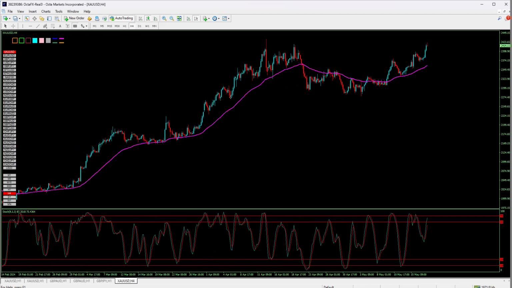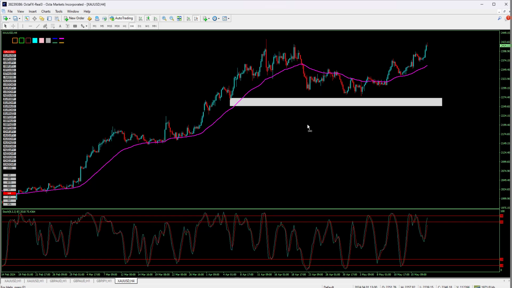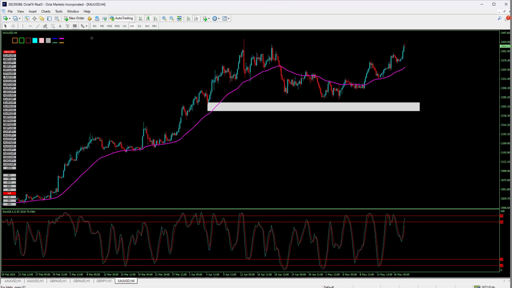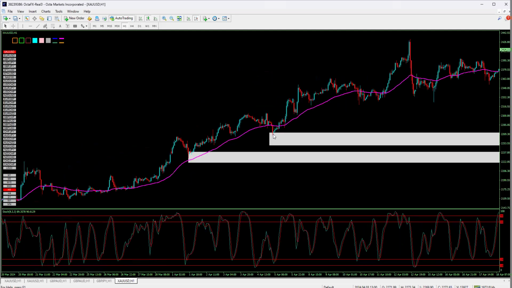So I can easily get a divergence in these areas, but you have to go to a lower time frame. Like if it's H4, let me go to H1. So here at this point right here, you can see this point and then this point. These are divergence, this is hidden divergence.